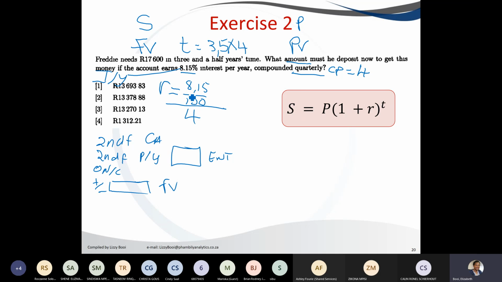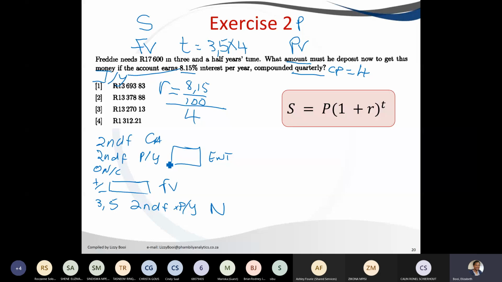Then you put in your period, which is 3.5. You will say 3.5, and then you will go and say second function, and you will press the multiply by P-Y, which is on the I and Y button, and you will press N.